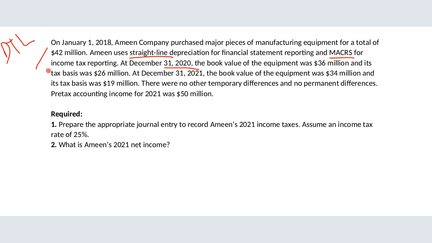So there's a $10 million difference in 2020. $10 million difference multiplied by 25%. So make sure you multiply by 25%. I think sometimes students make the mistake of just taking the difference and they forget that we're only interested in the tax effect of the difference. All right. So this actually is the beginning balance of our deferred tax liability.